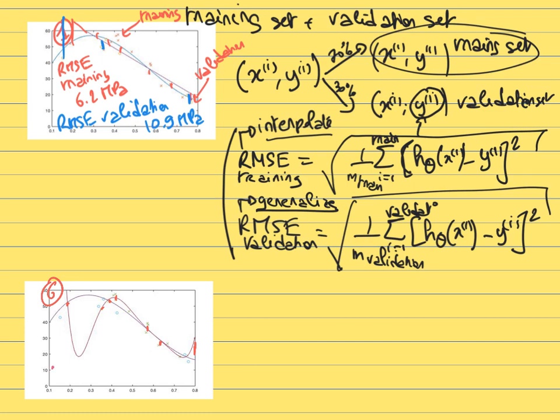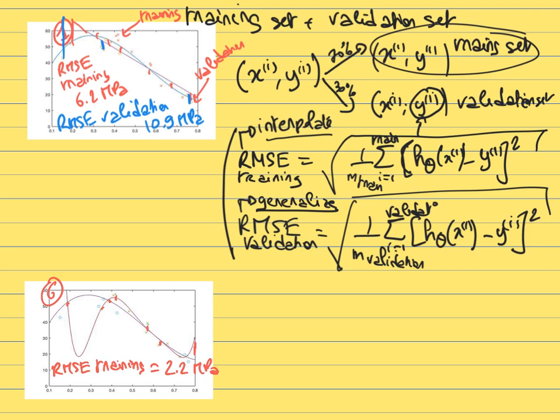And indeed, the RMSE of this model for the training set is only 2.2 megapascal. So it's really having a low error in predicting the training set. It's very accurately interpolating the training set.